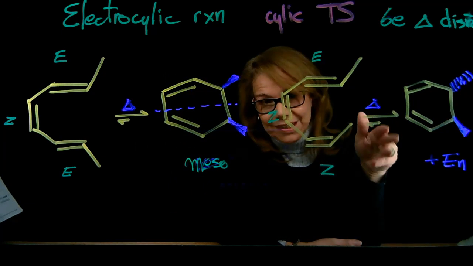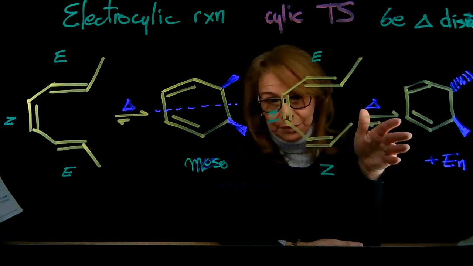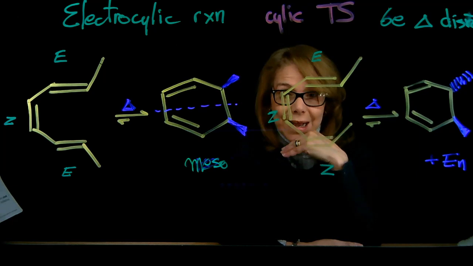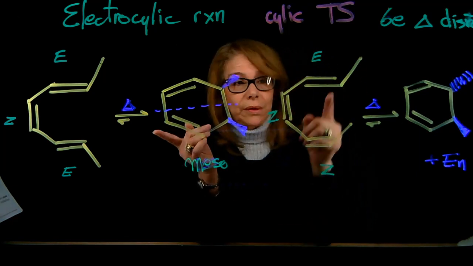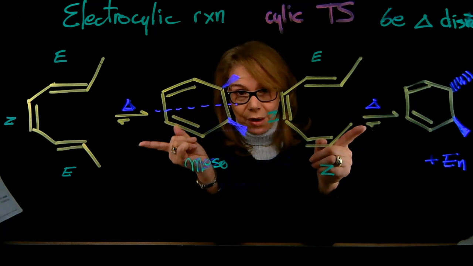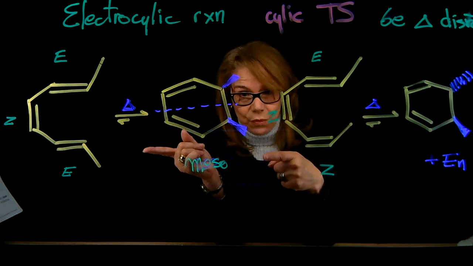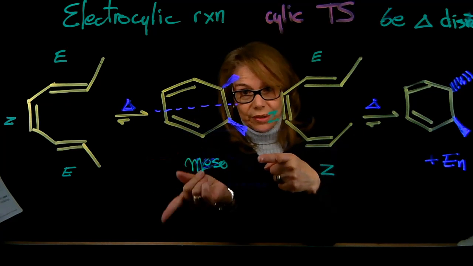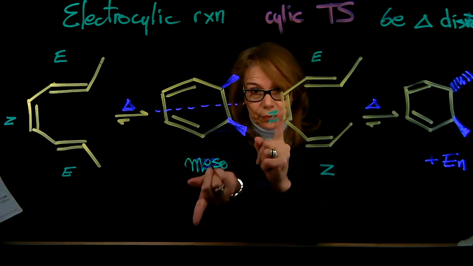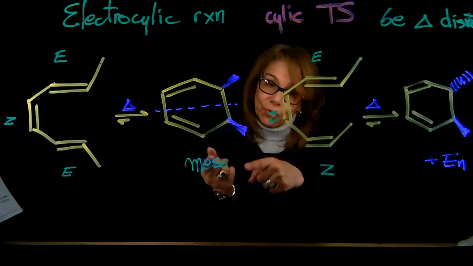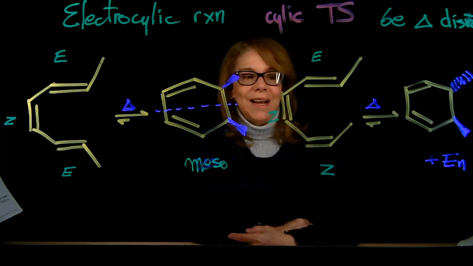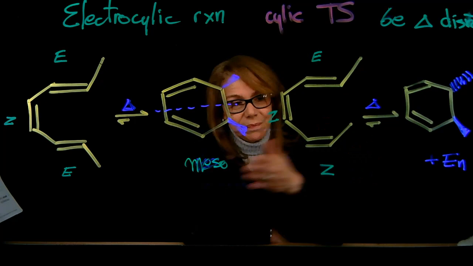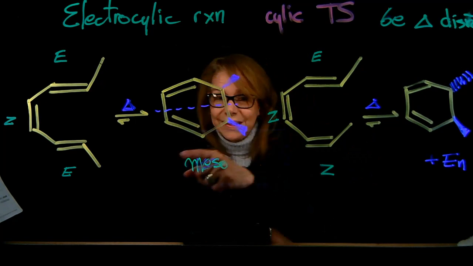We're generating two chiral centers, and that's not meso, so you will have an enantiomer. And again, the movement here was if I have this pointing outwards and the other inward, moving in opposite directions, if this goes this way, the other will go that way. But you can also do the other rotation. So that's why you get here a mix of two enantiomers, and here you get one.